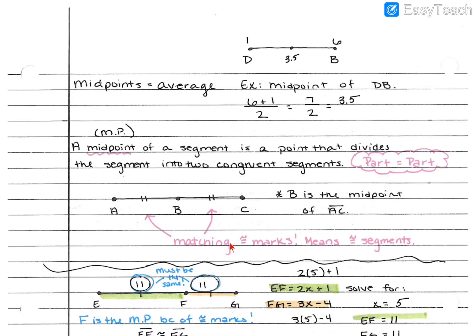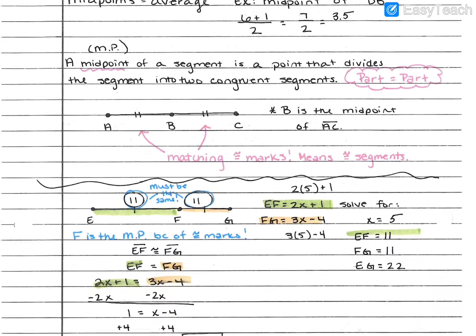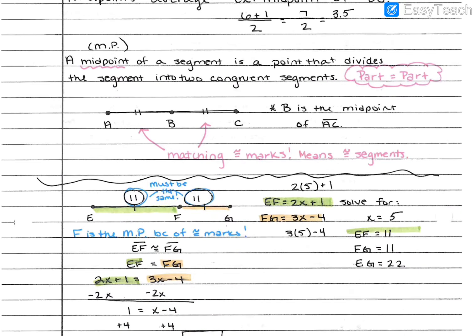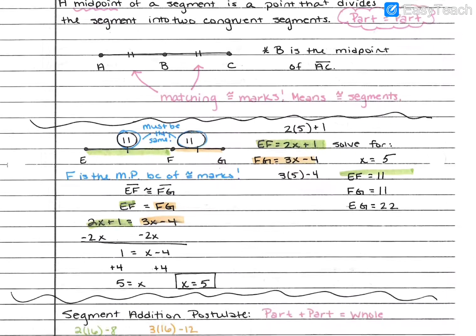So they have matching congruent marks, which means that the segments are congruent. It means that AB is marked congruent to segment BC, meaning they have the same length, which is why B is in the middle. Okay. If it tells you that something is a midpoint, you know that the parts are then going to be equal. You're going to have equal parts there.